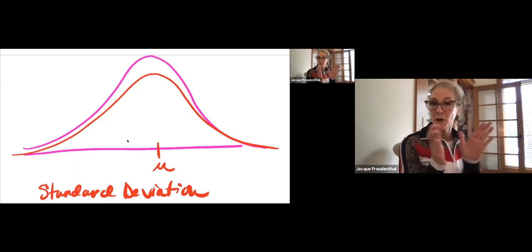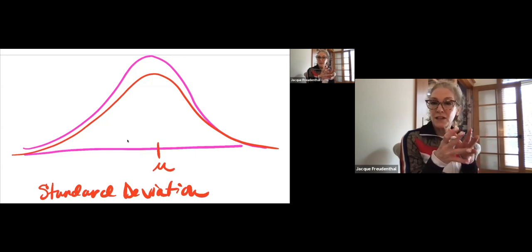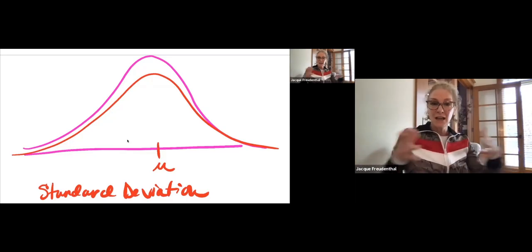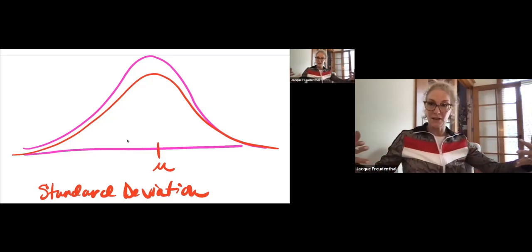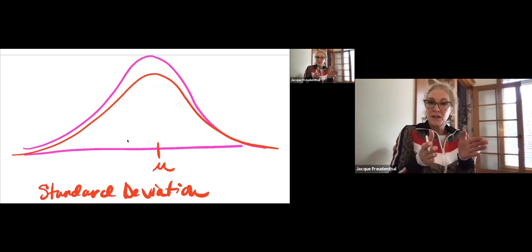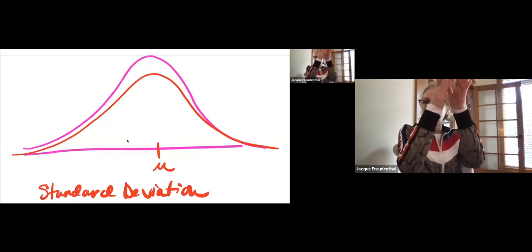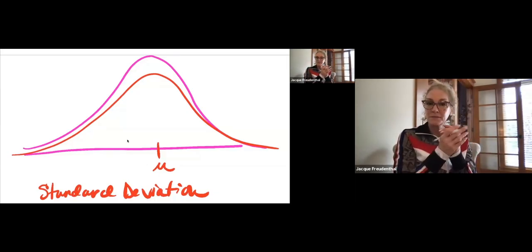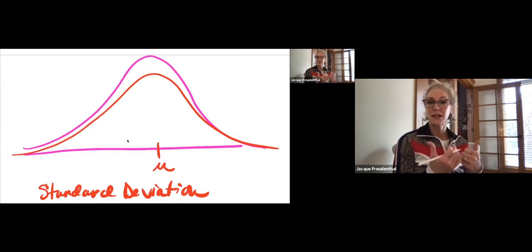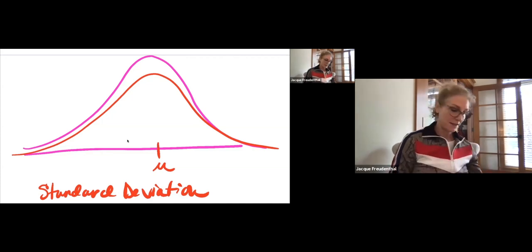If your standard deviation is smaller, the values are closer to the mean. If your standard deviation is larger, the values are more spread out. So the curve will be more flat when the standard deviation is big because the values are more spread away from the mean. If the standard deviation is small, then the values are going to be close to the mean, so it's going to pop that peak up. So that alone makes the different graphs because we might have the same mean, but the standard deviation can change how flat or how tall the peak of your graph is.